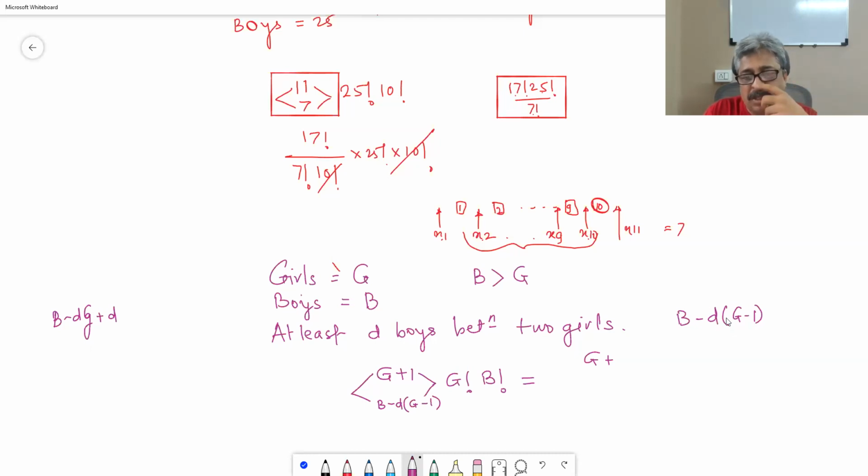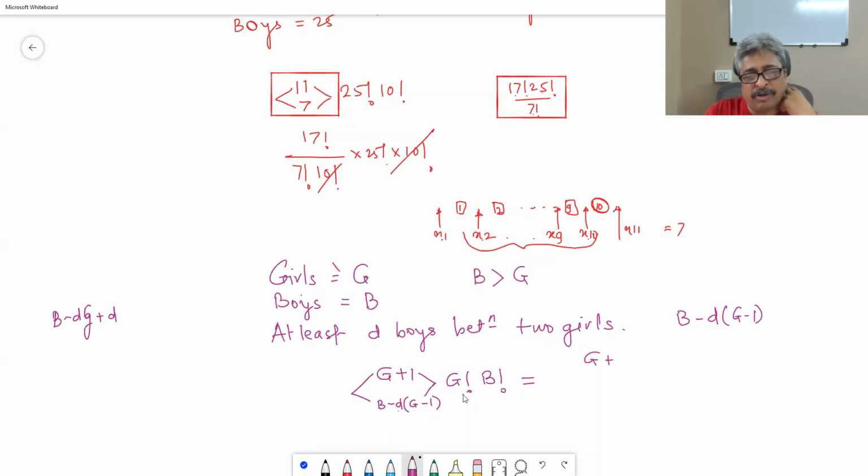So G minus 1 into D boys are sitting between them. Subtract that from the total number of boys B, and hence our elbow notation answer is going to be G plus 1 number of gaps and available number of boys B minus D into G minus 1.